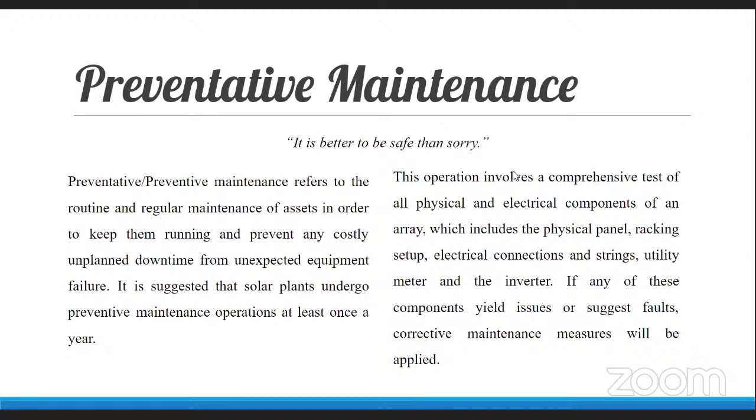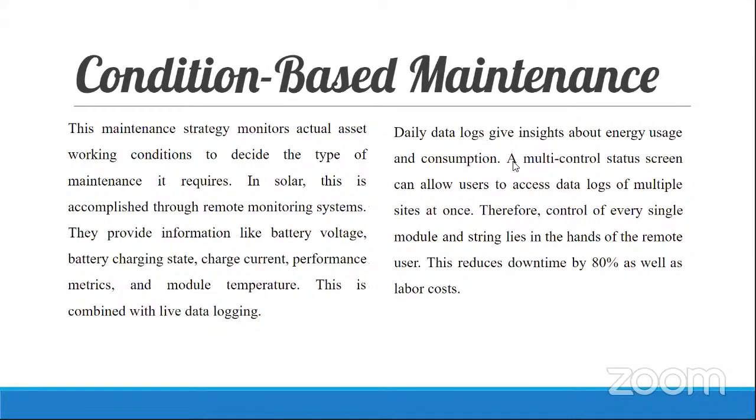Now, coming to the third and last approach that we are going to discuss today, this is condition-based maintenance. This maintenance strategy monitors the actual working condition of assets to decide the type of maintenance they require. In the solar industry, this is accomplished through remote monitoring systems.